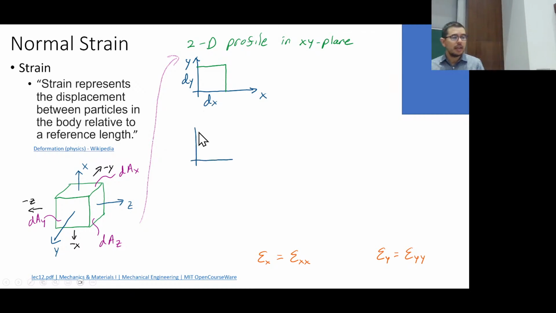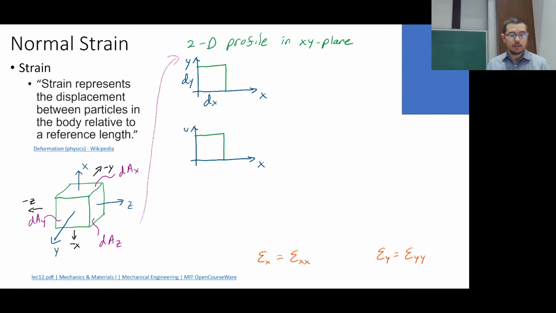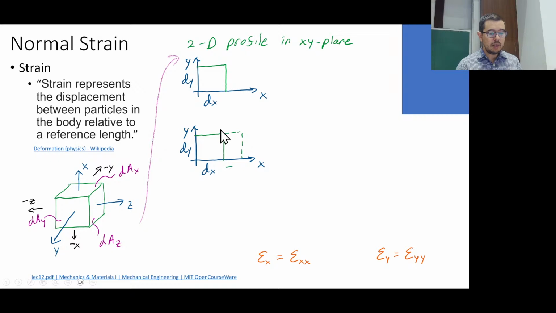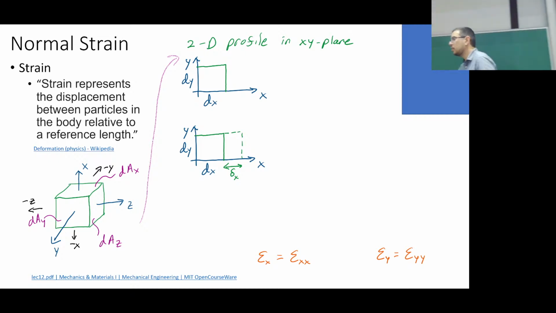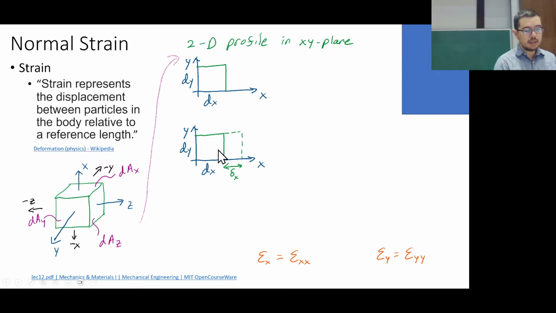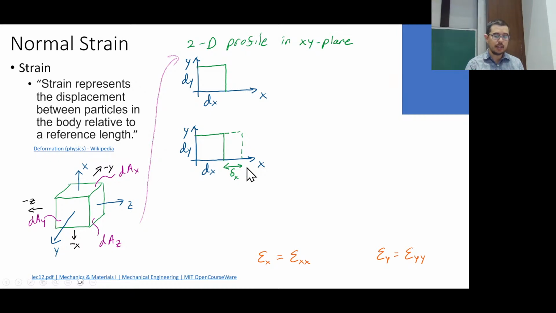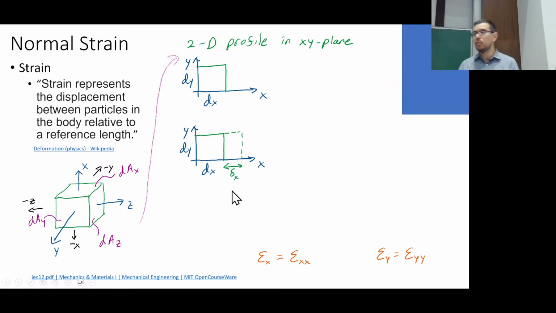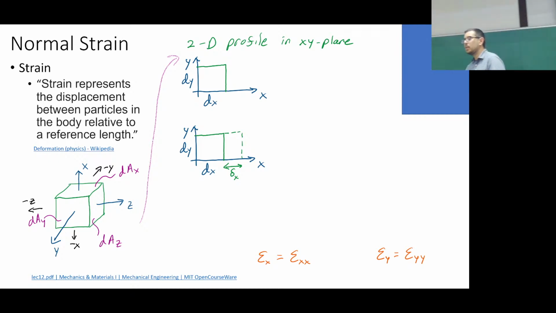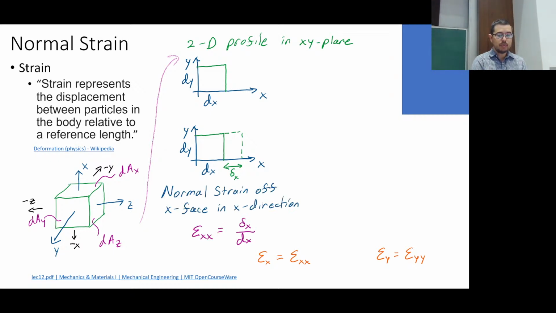If now, magically somehow, we go to this new state where I've got some displacement on the right side, this has been fixed to these coordinate systems and is now stretched out. And that new displacement is delta x. We just spent time calculating what these deltas could be for bars.